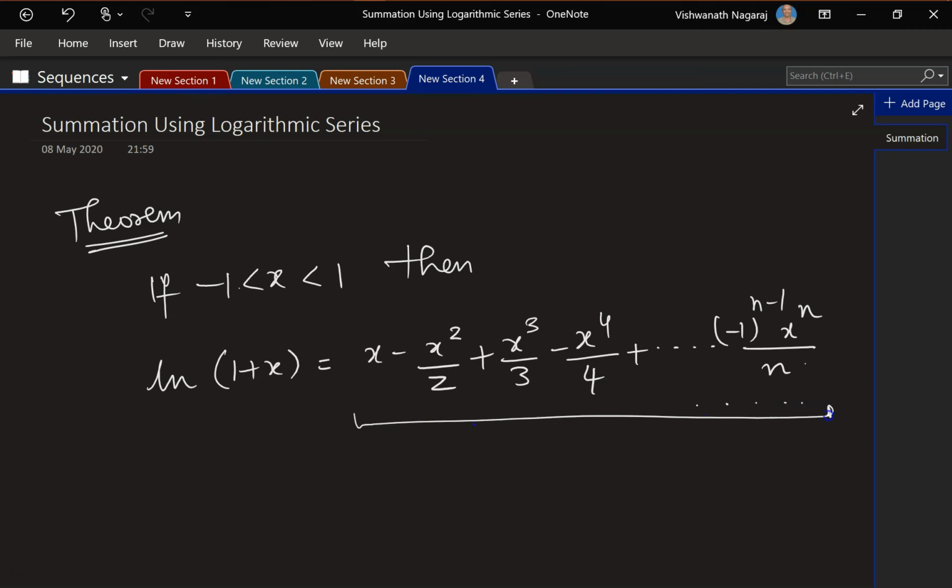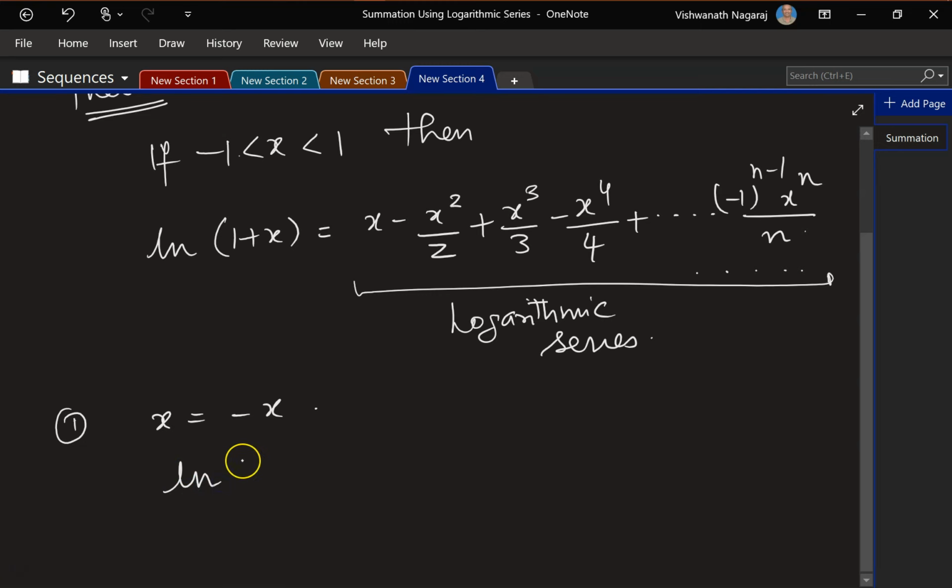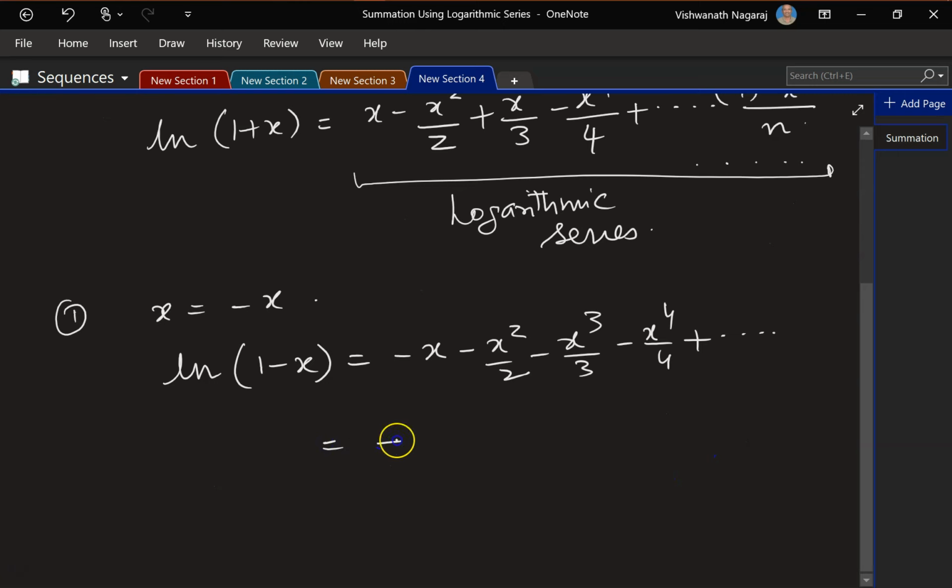This is called the logarithmic series. Now let's take this and substitute x with minus x. So what do we get? We get natural log of 1 minus x is equal to minus x square by 2 minus x cube by 3 minus x4 by 4 and so on, which means we can take out this minus which is common to all of them.